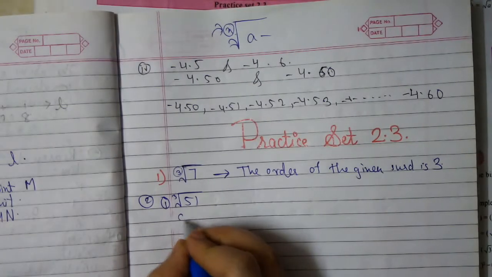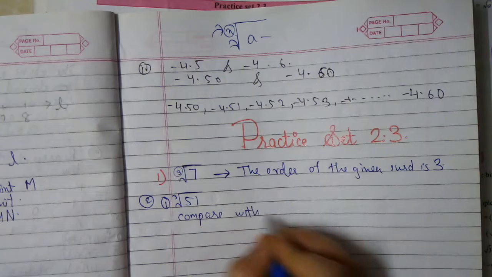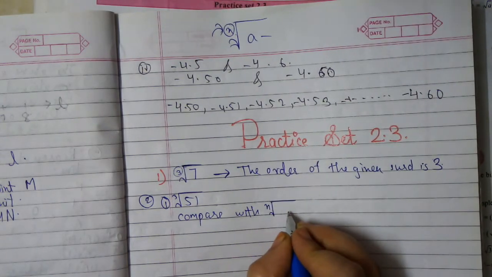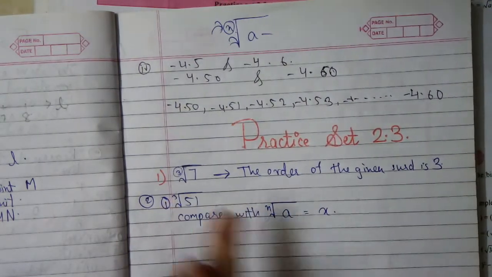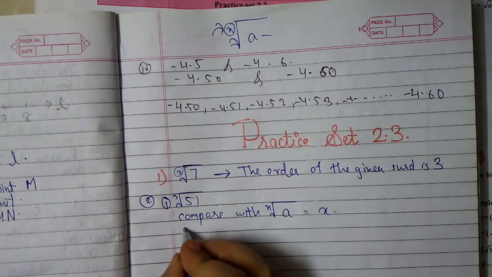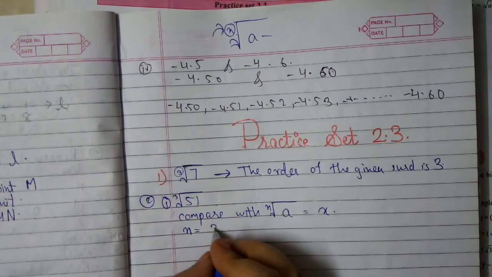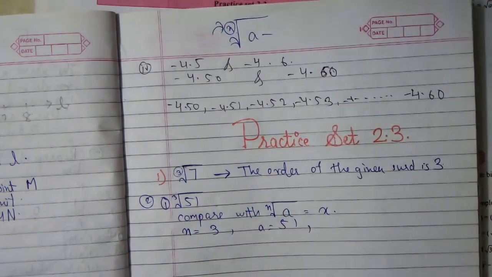First, student, we will compare this with the general form of a surd. The general form of a surd is nth root of a equals x. By comparing this surd with the general form, we can write n equals, what is the order of the root? It is 3, and a is 51.